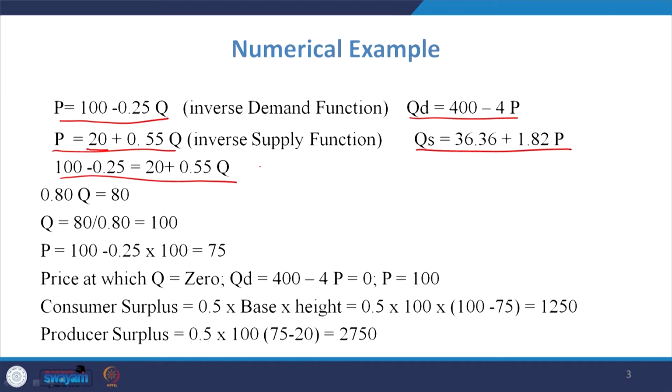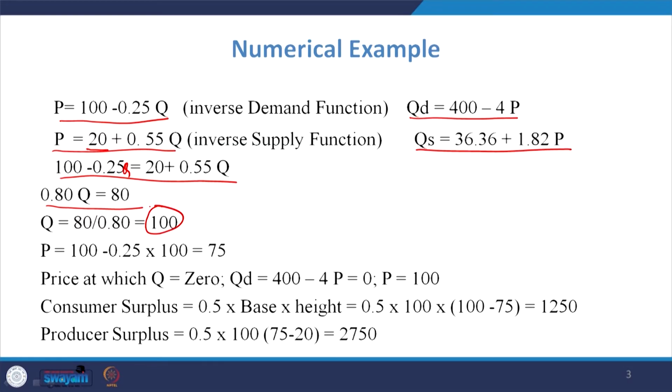So, here the demand function and supply function are equated. So, 100 minus 0.25 Q equal to 20 plus 0.55 Q. Now, you can further simplify it, then you will get 0.8 Q equal to 80, and Q is 80 divided by 0.8, and that becomes 100.